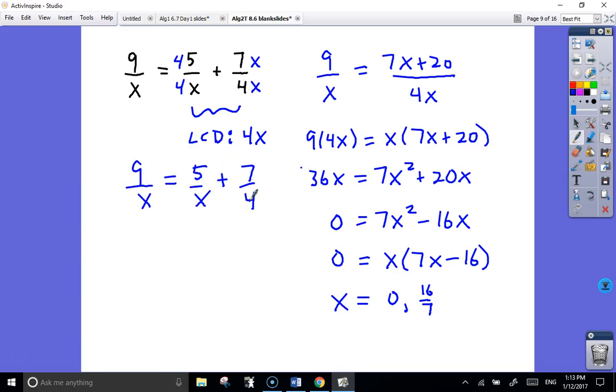Any extraneous? Yeah, that 0 is extraneous, right? Because if you plug that in here, you get 0, or here. So extraneous. Okay, so the only answer is 16 over 7.